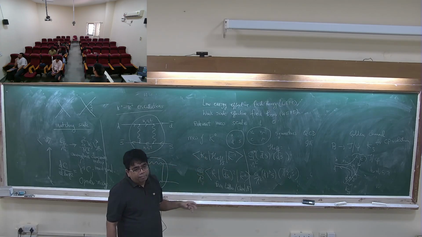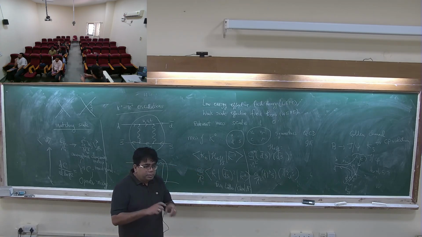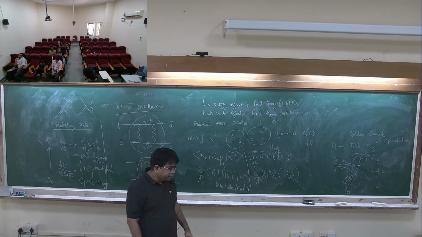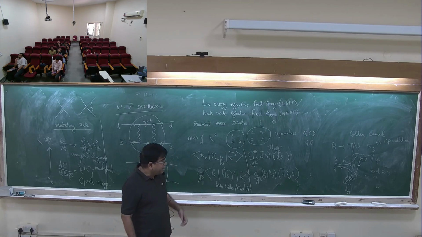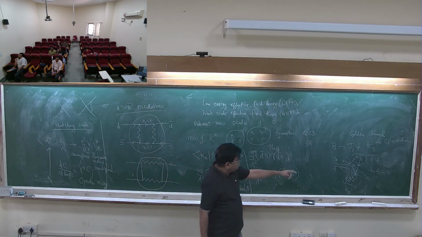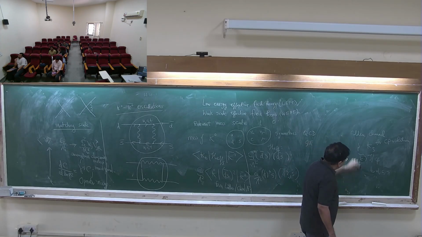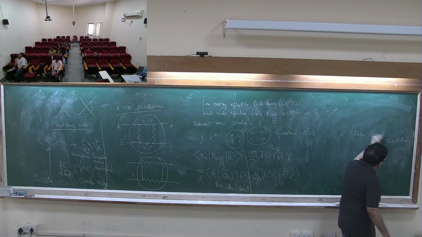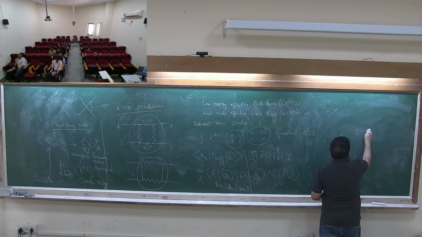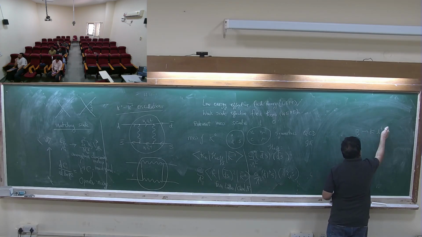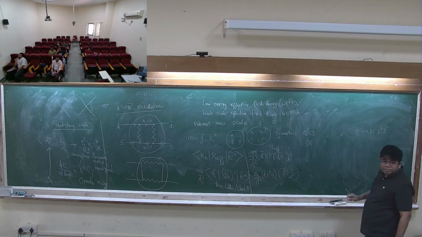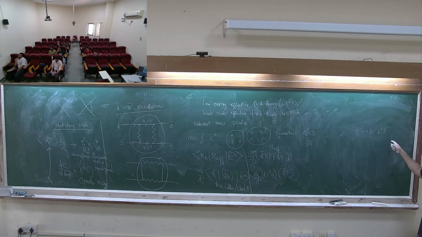So suppose we take processes involving decays, which are semi-leptonic, say B to K L plus L minus. This will be complicated because they'll have penguins, they'll have boxes.